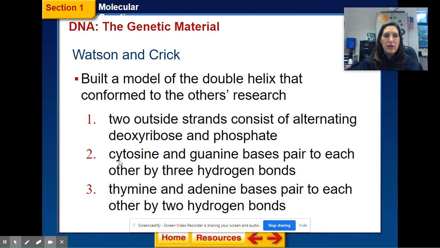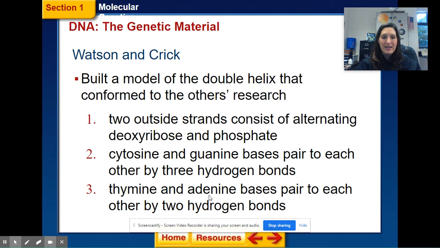All right, in the middle, the rungs of the ladder, cytosine pairs with guanine. Those are the base pairs that bind with each other, and they have 3 hydrogen bonds in between them. So the C and G bind together, and those are hydrogen bonds.